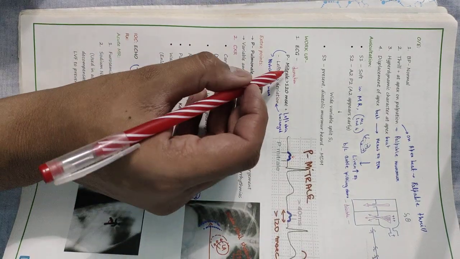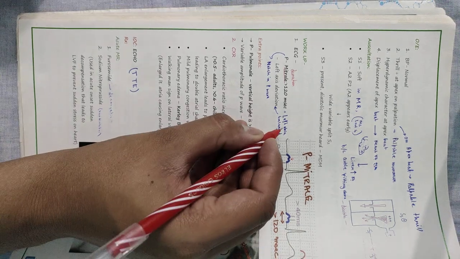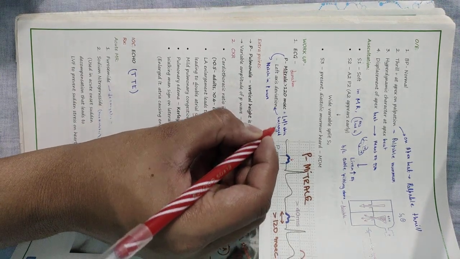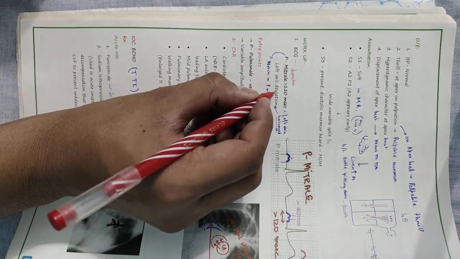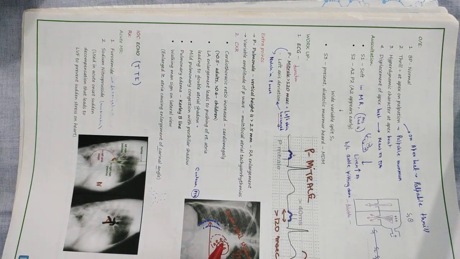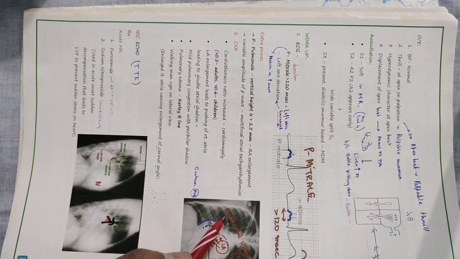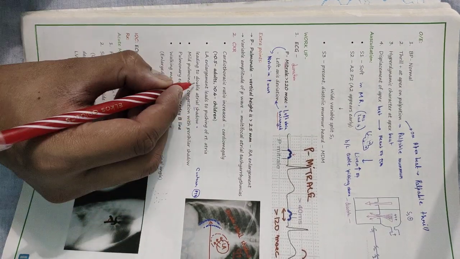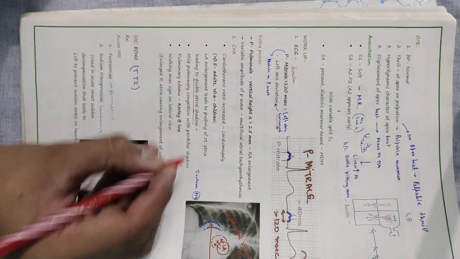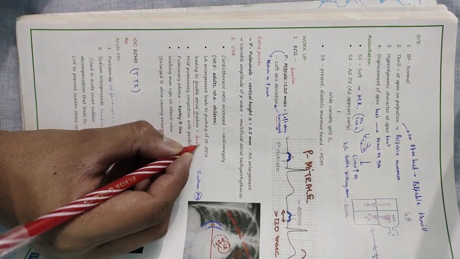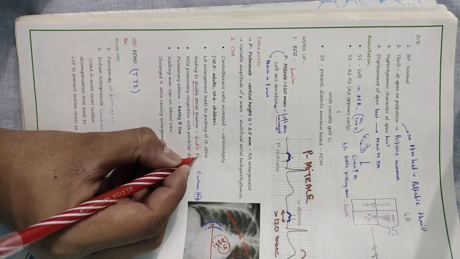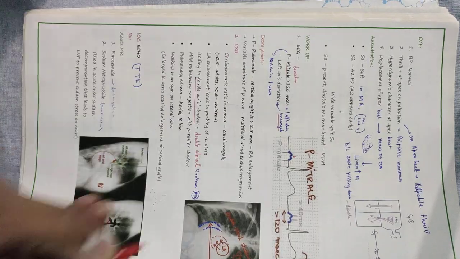And a larger P wave means the left atrium is getting enlarged. That means left axis deviation is seen. When the left atrium is enlarged like this, it is called a double atrial shadow or double atrial contour.